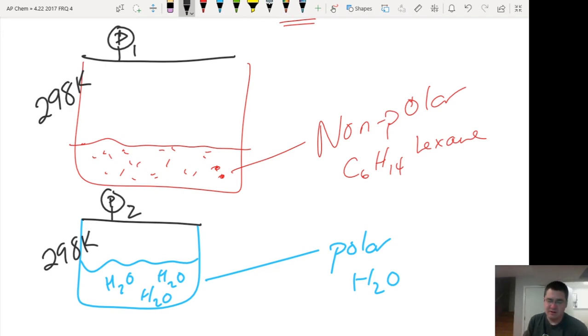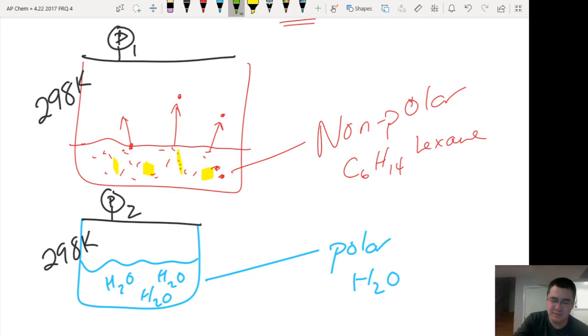P1, due to the fact that C6H14 is... You're correct. It'll vaporize. It'll escape the liquid phase more readily because all the little intermolecular forces, I could draw them as yellow lines, they're weaker, right? So non-polar things are definitely going to have a higher vapor pressure because they're less attracted to each other.